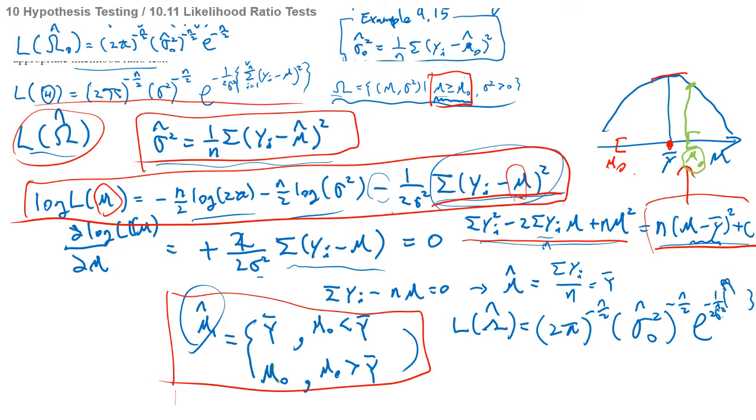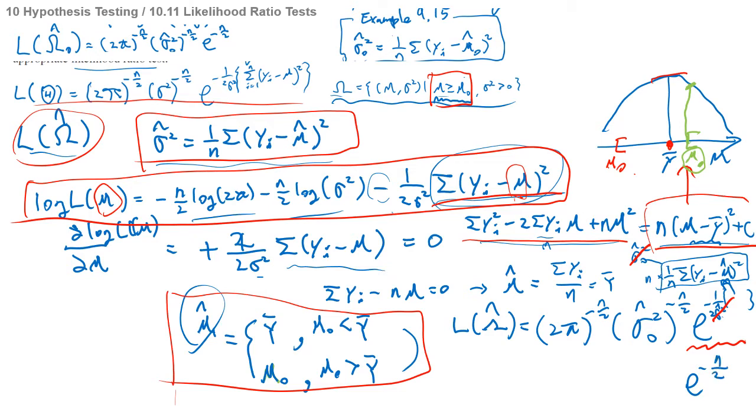For this part, it is the sum of yi minus mu hat squared, and actually 1 over n times n, this one is sigma 0 square hat, and so this one and this one can be cancelled out, and so this part can be rewritten as e to the minus n over 2.